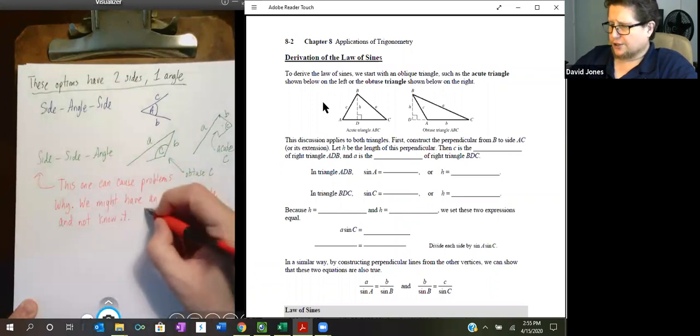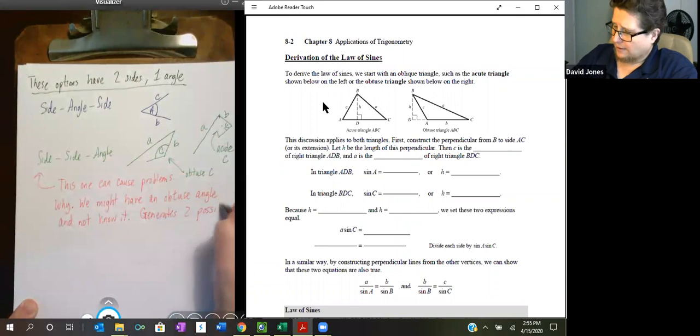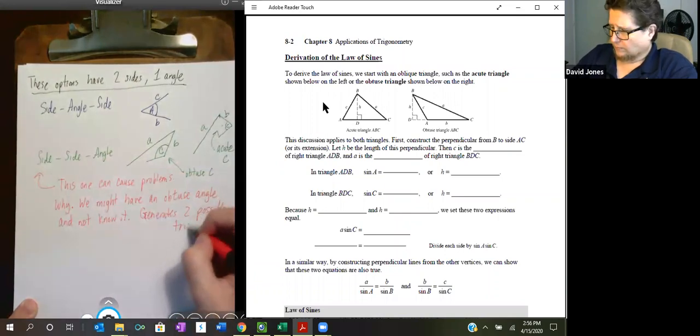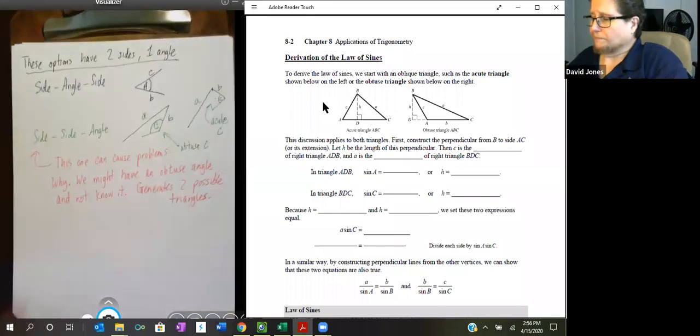So this generates two options, generates two triangles, or can.